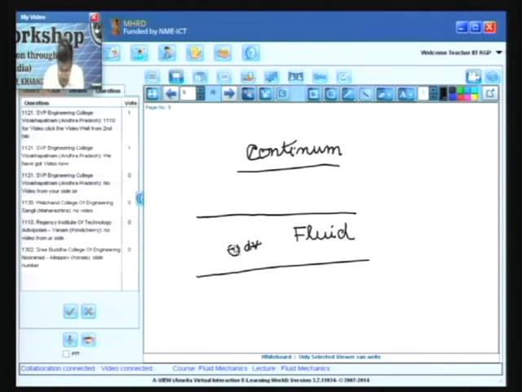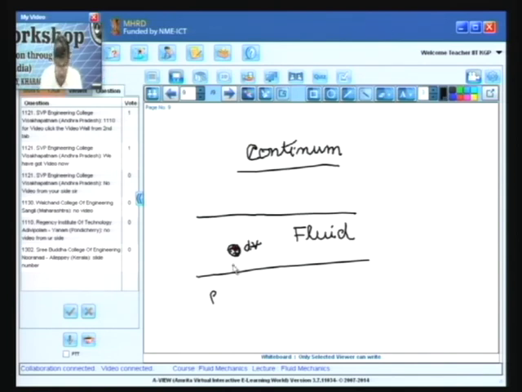What happens if we want to calculate the density at that particular location surrounded by that small elemental volume dV? At any instant of time, the density is calculated from the number of molecules residing in that particular location.